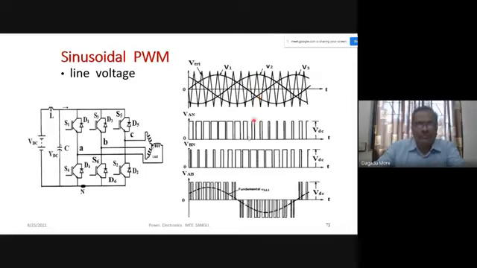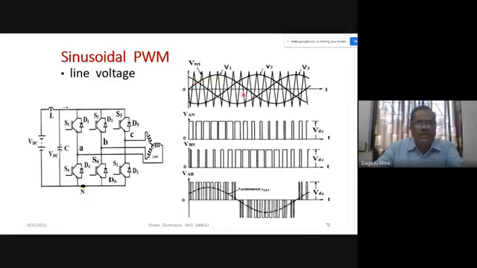Last time we discussed how we make one fictitious point, the n point, at the negative of the DC rail, and with respect to that we obtain VAN. When switch S1 is on, our VAN will be plus VDC, and when S4 is on, our VAN will be 0.